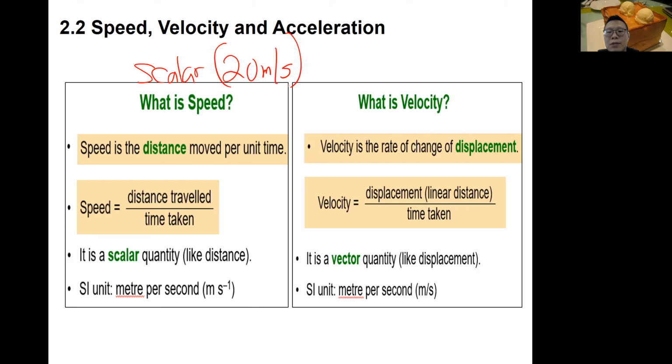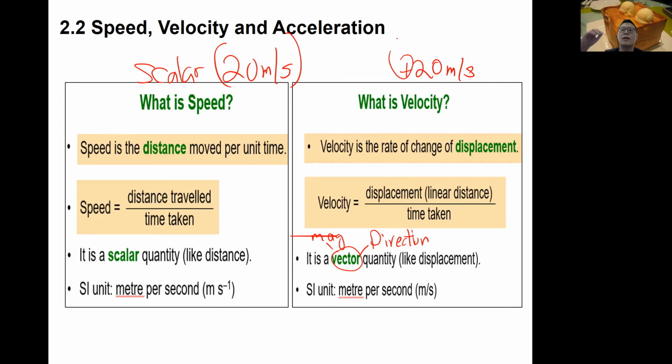But velocity is a vector with direction. When we say it's a vector, it means it has magnitude and it has direction. For example, positive 20 meters per second. The positive could actually denote direction.